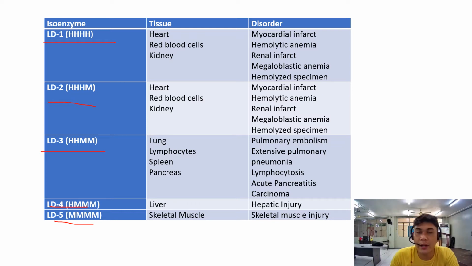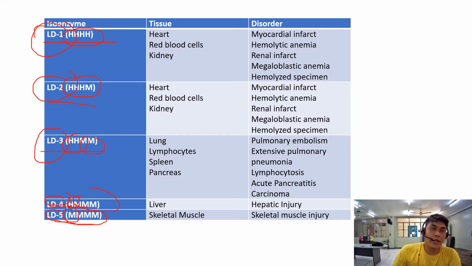For LD1, you have 4 H: H, H, H, H. For LD2, you have 3 H, 1 M: H, H, H, M. For LD3, 2 H and 2 M's. Then LD4, 1 H and 3 M's. Then LD5 is all M.